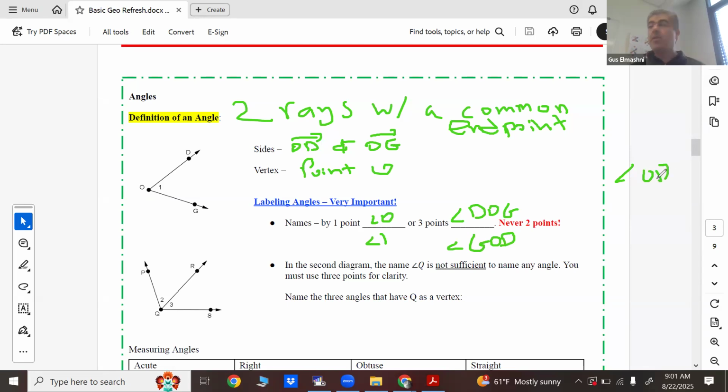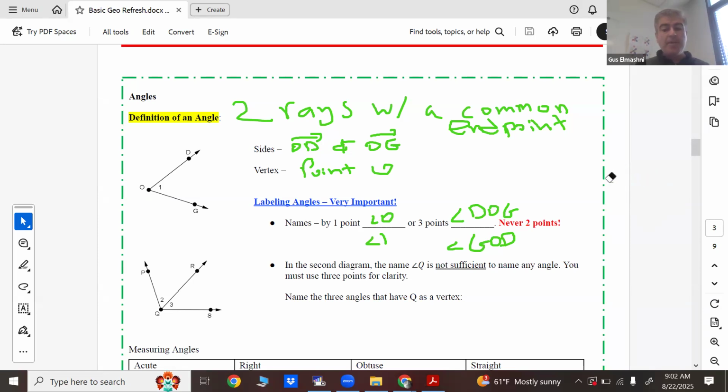That'd be weird because it's not clear. If you call it angle OD, I'm confused because where's the other ray? Can I call it angle OG? No, I can't. Can I call it angle DG? Put the O in the middle, because otherwise we're getting lazy. So I need 3 points. Or you can do 1 point, but the 1 point you choose has to be the vertex. The vertex is that sharp corner or that common endpoint. But you can't use 2 points. It's just too vague otherwise.